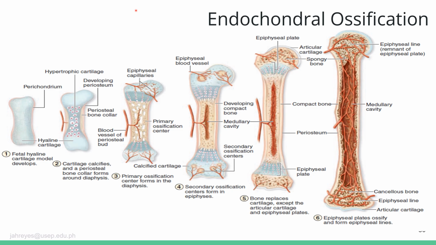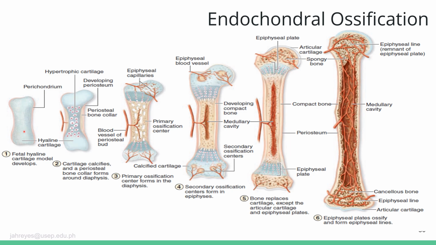So there are mesenchymal cells that will express type 2 collagen, and those cells will differentiate into chondroblasts that in turn will produce the cartilage matrix. So this appears as a fetal hyaline cartilage model here.